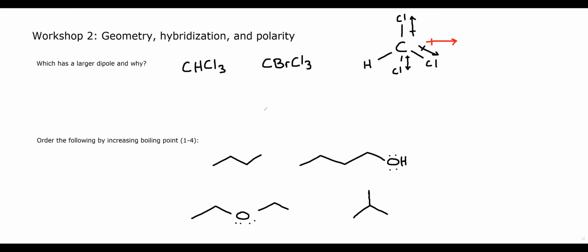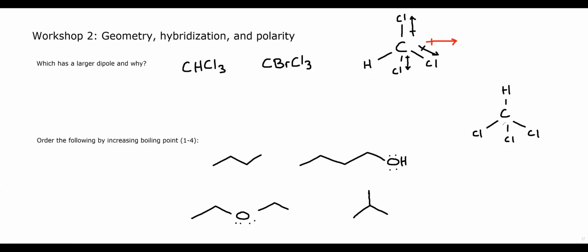If you think about a triangular pyramid, we could draw it like this. If we put a triangular pyramid here, and we had 3 chlorines coming out at the bottom and a hydrogen on top, maybe it would be easier to see it like this. You have the 3 dipoles coming out towards chlorine.